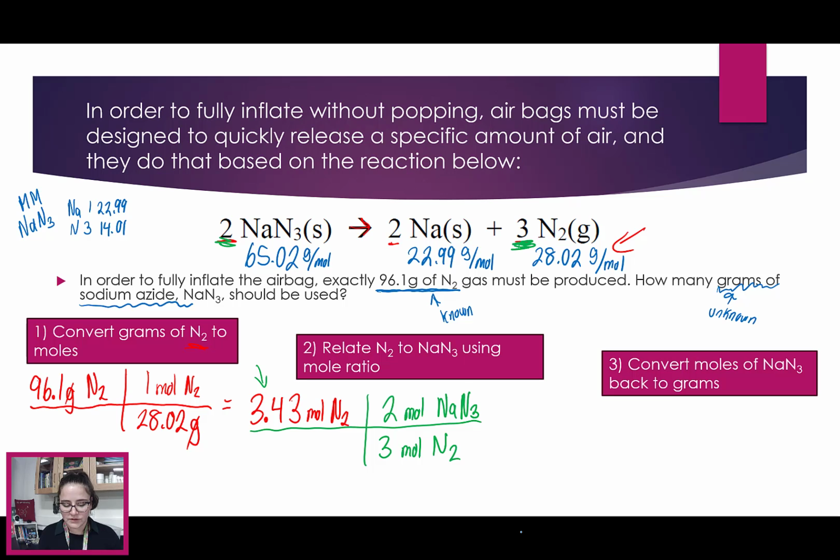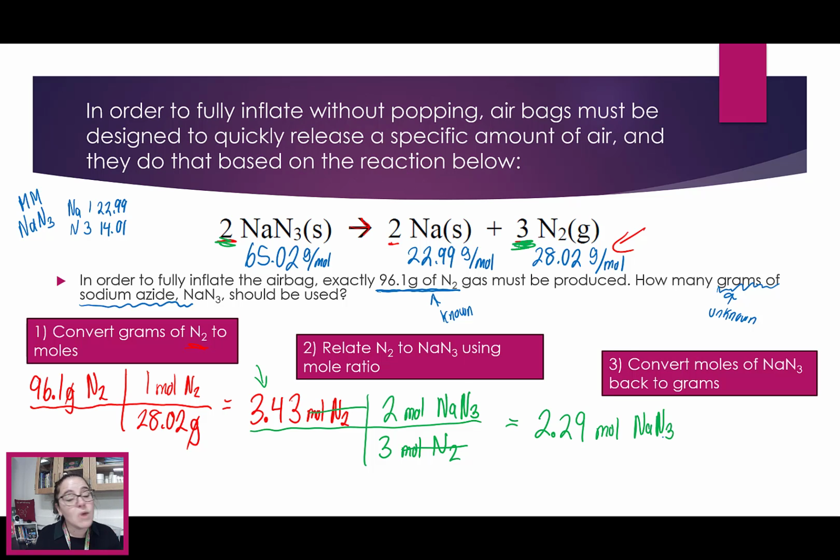Again, those numbers just come from the coefficients in that balanced chemical reaction. The moles of N2 cancel out, and we got 3.43. I'm just storing the number in my calculator to eliminate some early rounding. So times 2 over 3 gives me 2.286, so 2.29 moles of NaN3. So we're almost there.